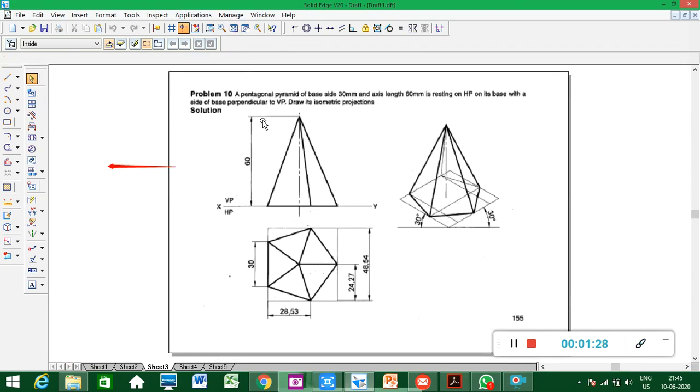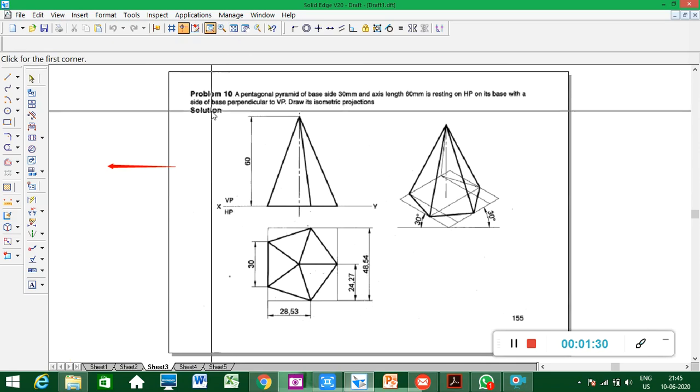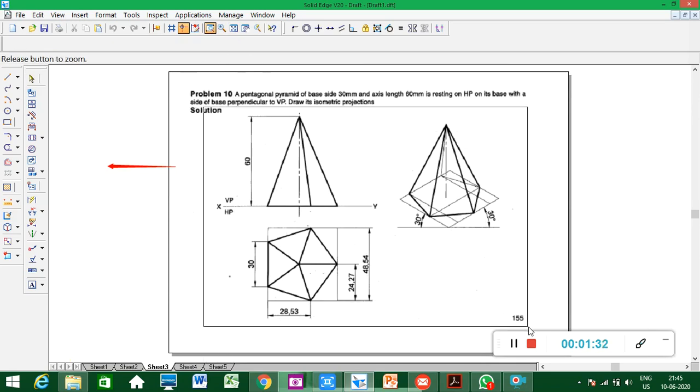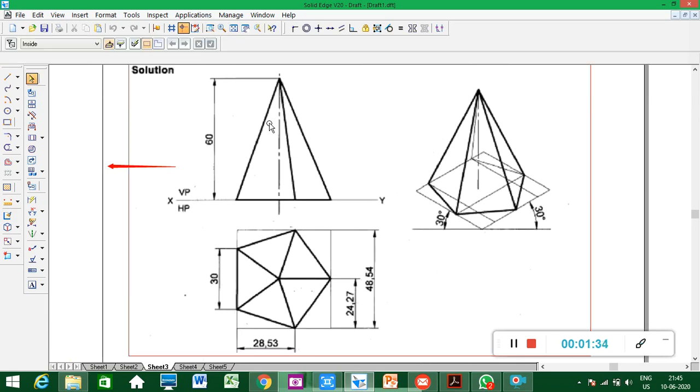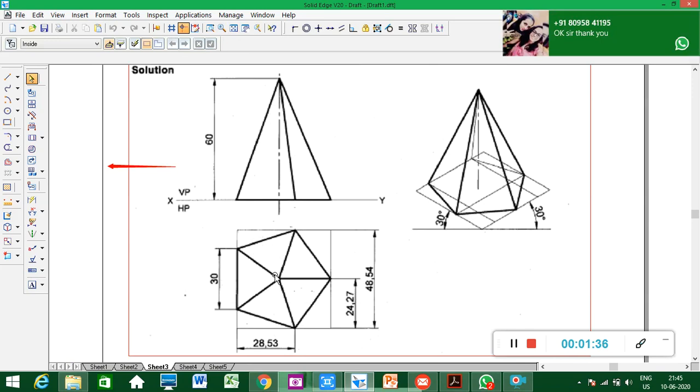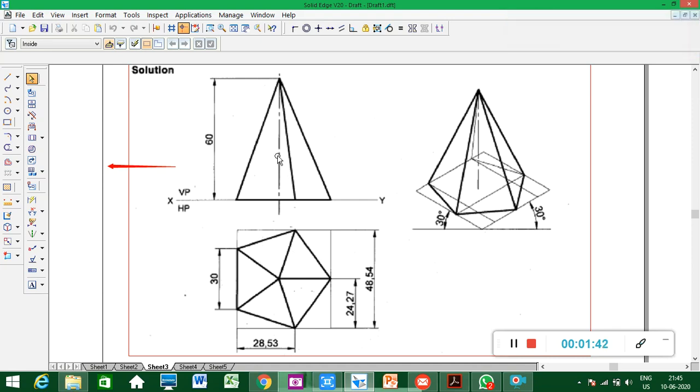In this problem, the front and top views are drawn in your primer book. But even if you don't draw the top and front views, it is no problem. You only have to draw the top view pentagon, because the true shape of the pentagon is required to transfer the corners into isometric.